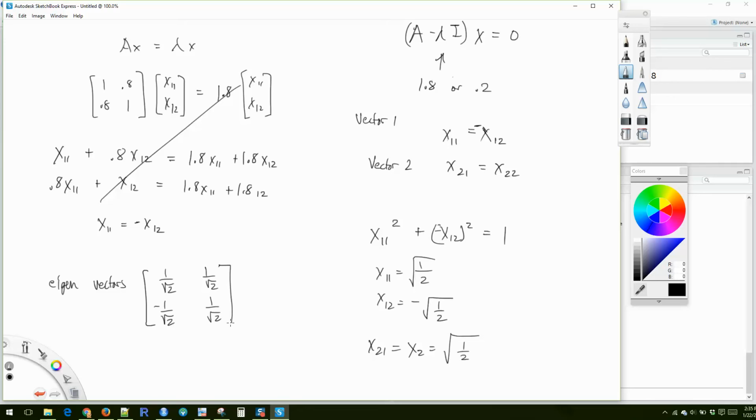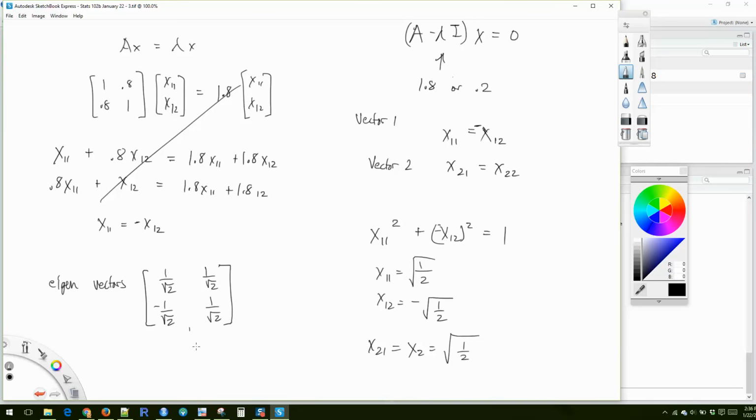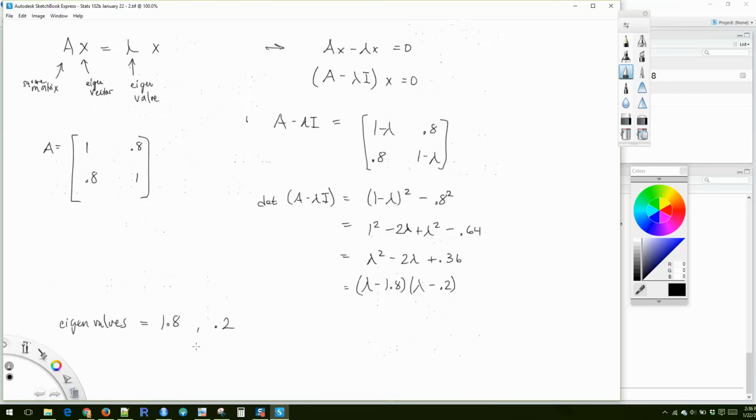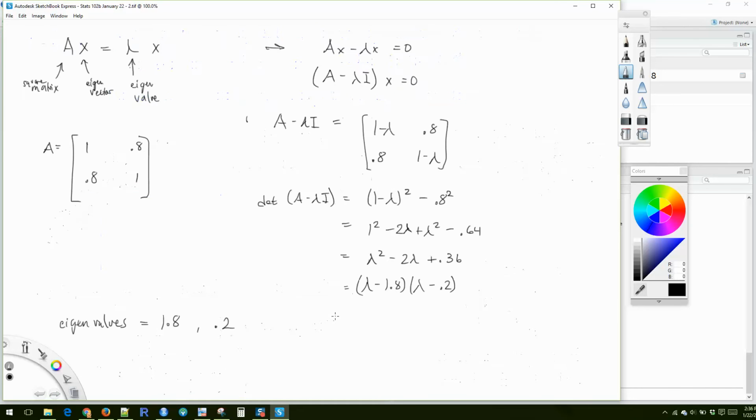And this ends up being our spectral decomposition, where we have our V, lambda, and V transpose.